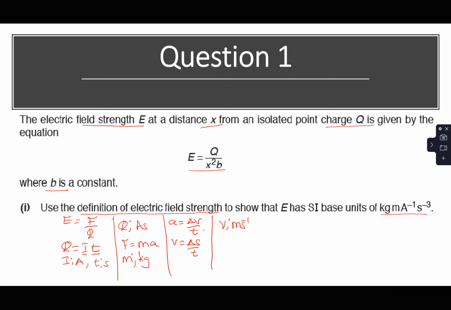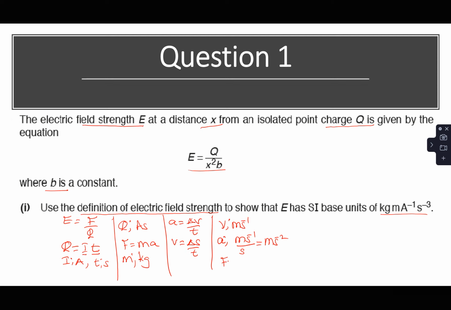When I take back this to this expression here, it means that the base units of acceleration are going to be those of change in velocity divided by those of time, which simplifies to meters per second squared. Therefore, I was actually finding the base units of acceleration.